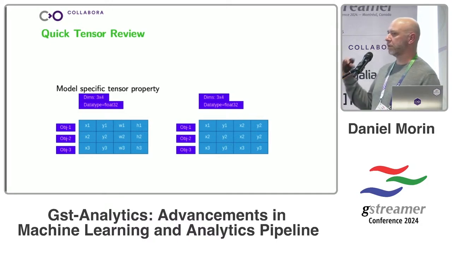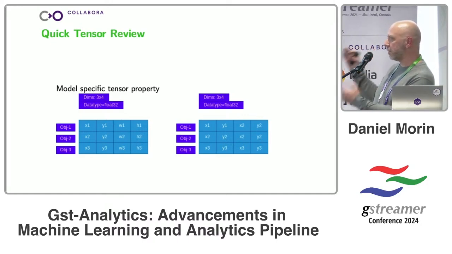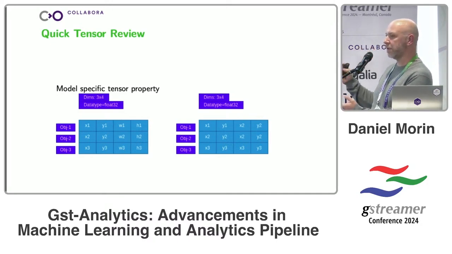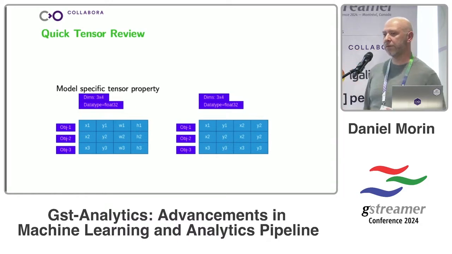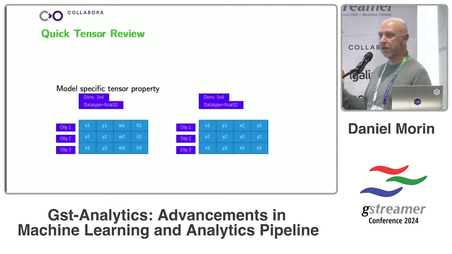This shows you need additional information to be able to interpret a tensor. The way we describe this is to just give them an ID, and a bit later we'll see how this is integrated into the capabilities.